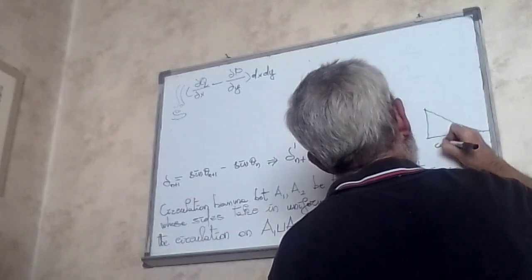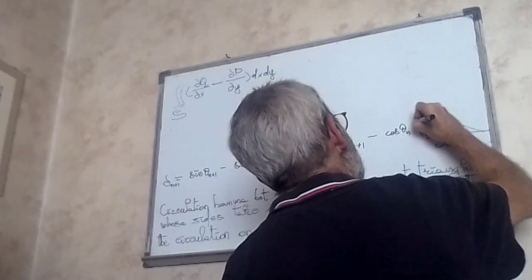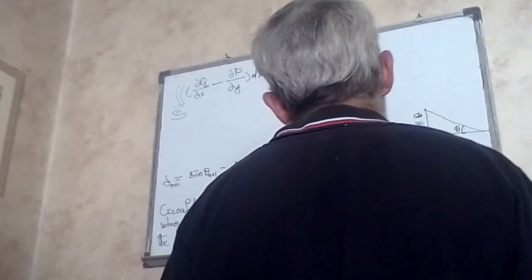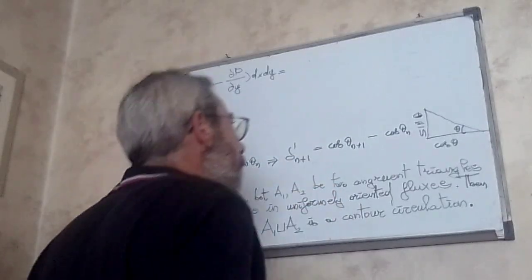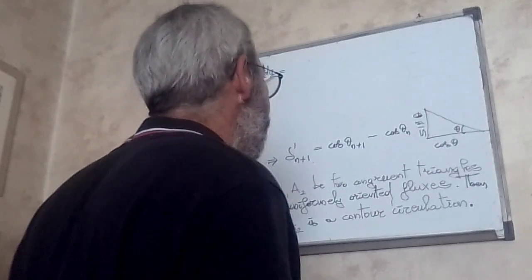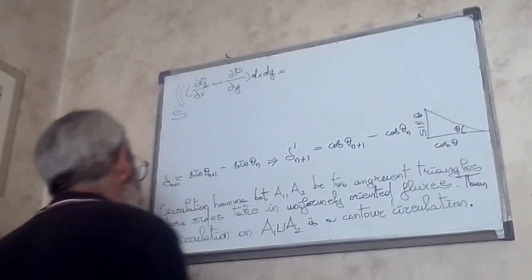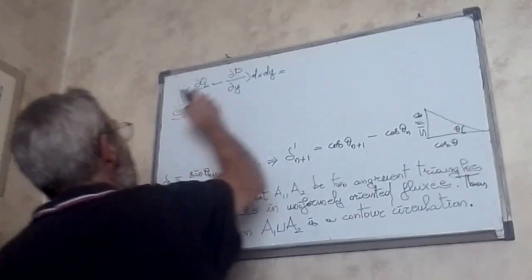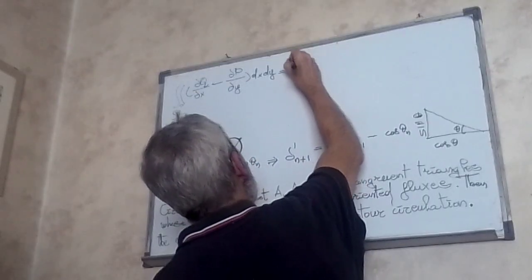This is cosine theta and this is sine theta. So that since the area of the triangles is possibly infinitesimal, we can transform the double integrals in a double sum.